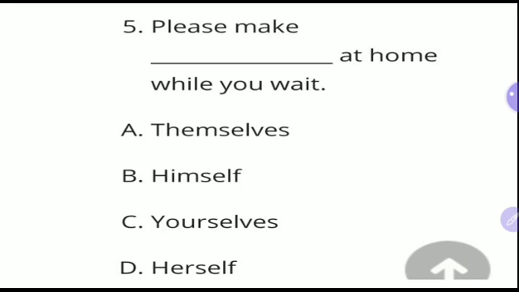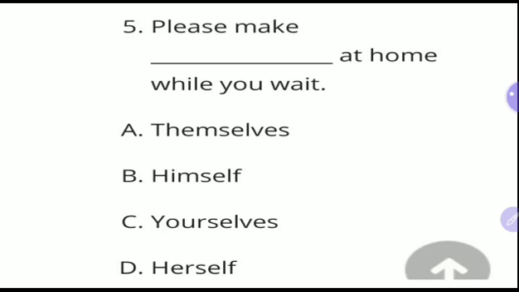You are looking at you, which is not singular here, because wait is the verb with it. You takes a plural verb, that's why there is no distinction of that type. Still, please make yourselves at home while you wait. There is only one option which can refer back to the subject proper, and that is yourselves. That's why this will be the answer: please make yourselves at home while you wait.